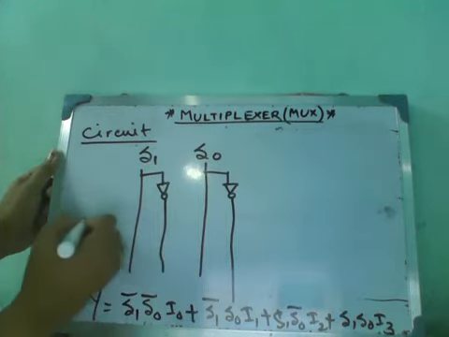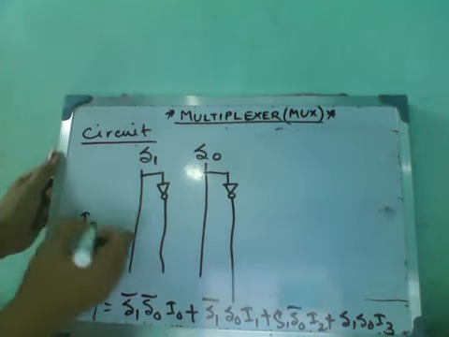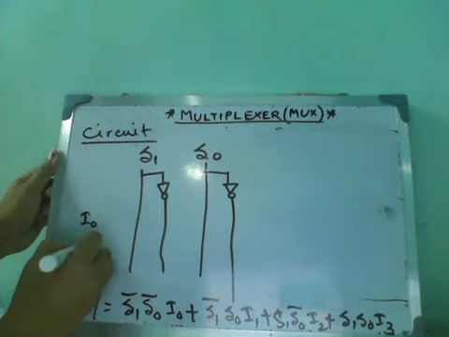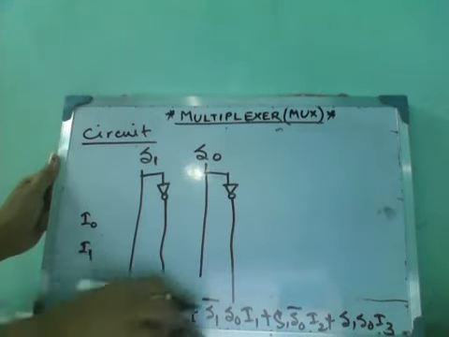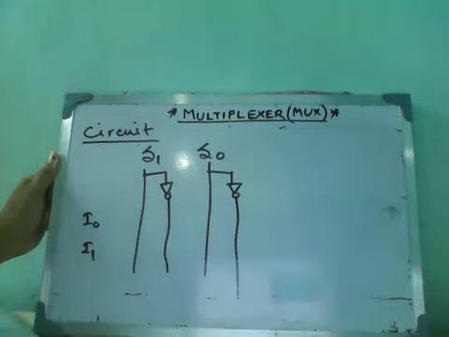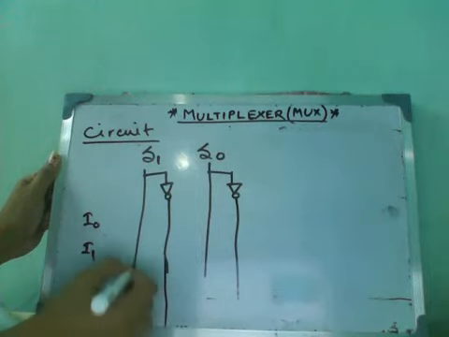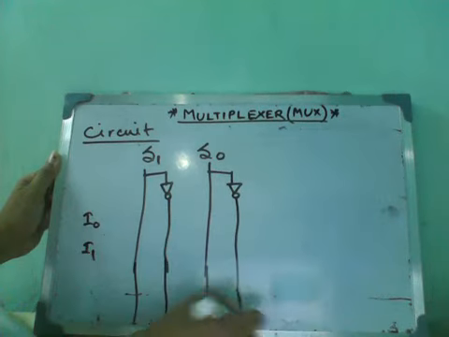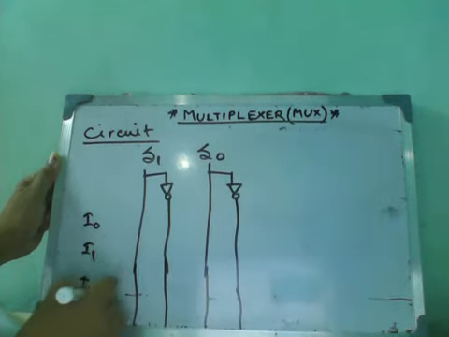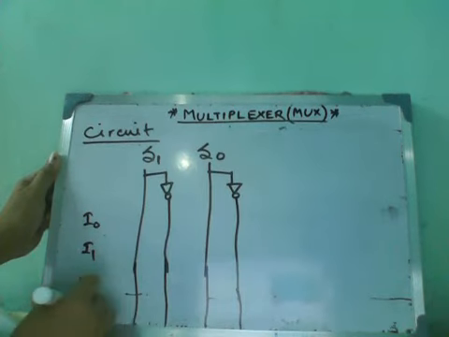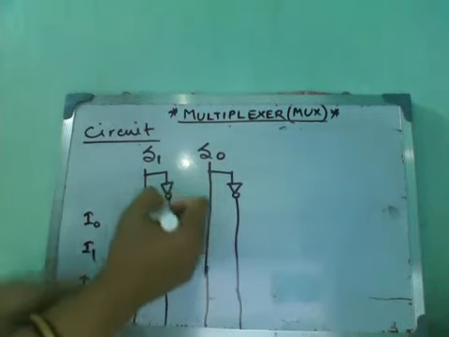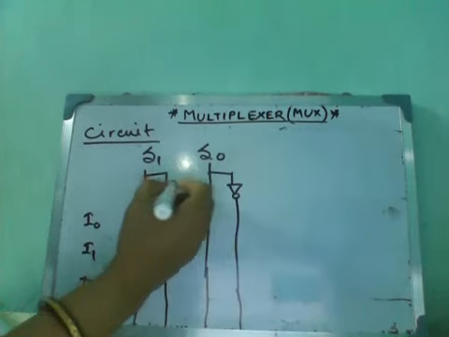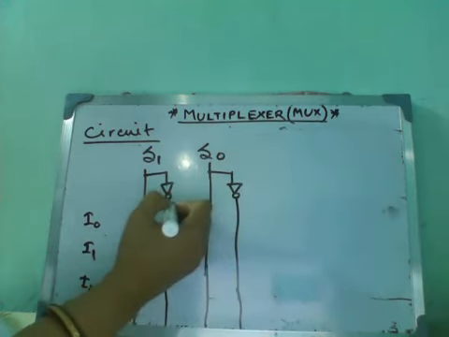Then we take the data lines I0, I1, I2, I3.